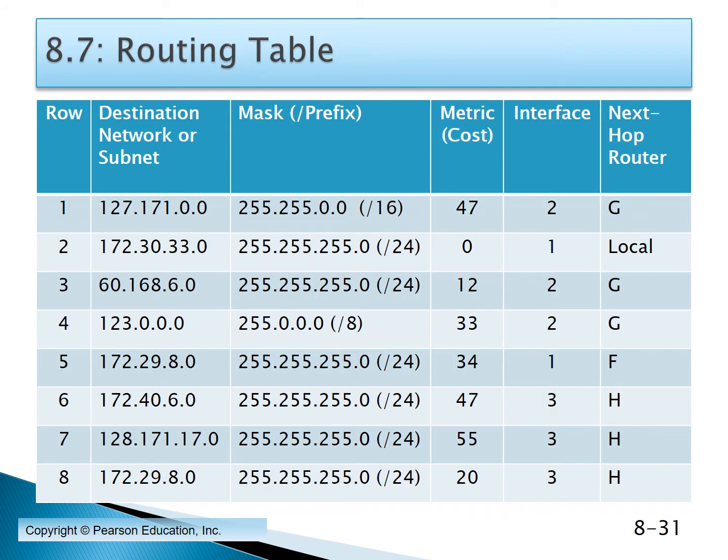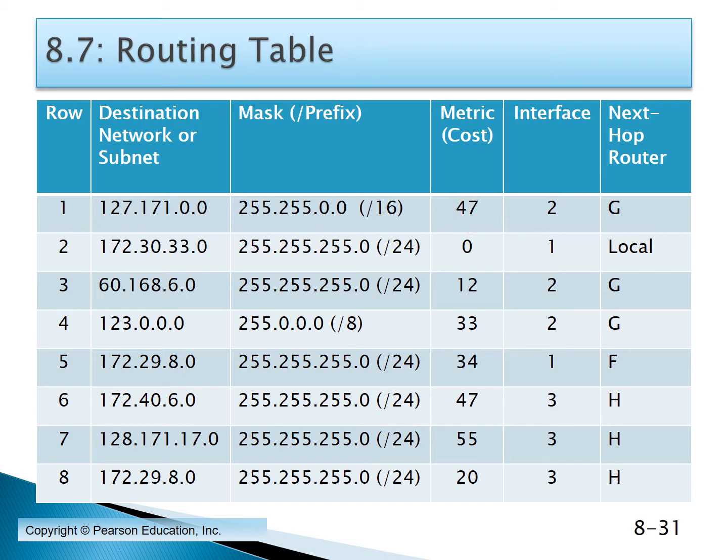So this is an example of a simple routing table. It has rows 1, 2, 3, 4, 5, 6, 7, 8, and so on. Then you have the destination network or subnet, which is the range of IP addresses that you want to cover for this row. And then here you specify how long your mask is. In this case, 16 bits, and the cost for this path is 47.